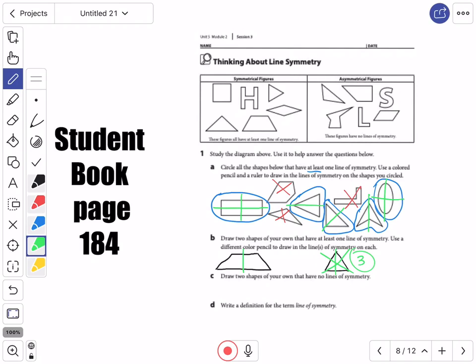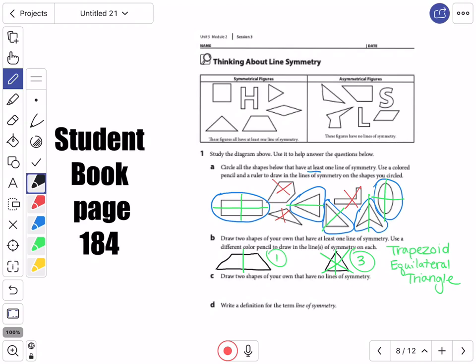All right, and then my other one, I'm going to go like this, and I'm going to draw an equilateral triangle, and I will show you the lines of symmetry on that. 1, 2, 3. So this one has 3. This one only has 1. All right. So you're going to also draw two shapes.